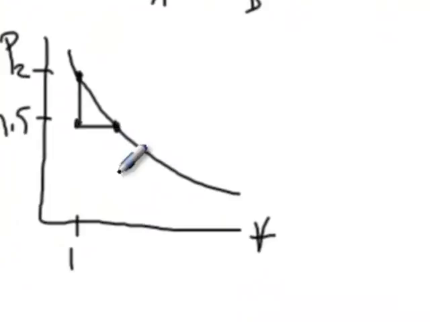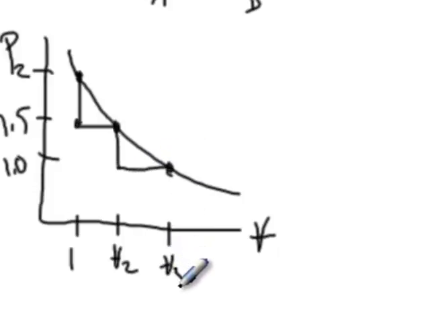And so there will be some volume here, V2, we don't know what it is yet. Then we're dropping down suddenly to 1.0 atmospheres. So there'll be another drop, and then we'll go over here to some other volume, V3, isobarically. So that's what's going on in the graph.